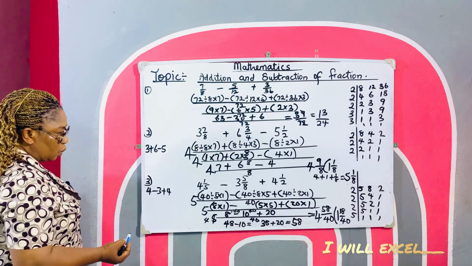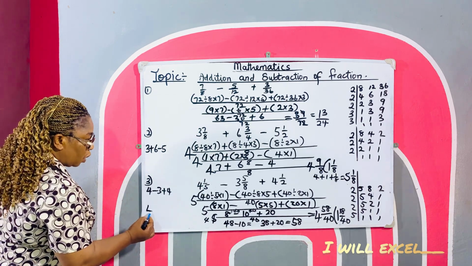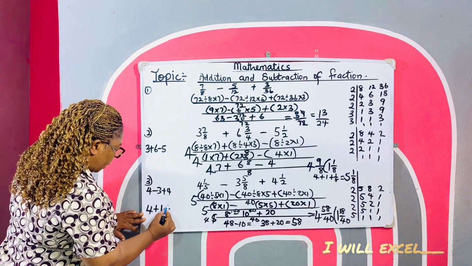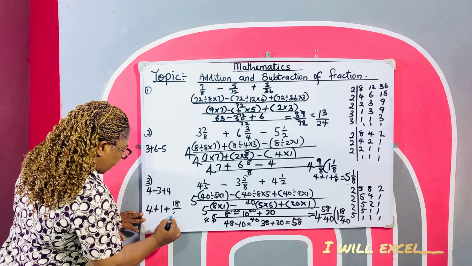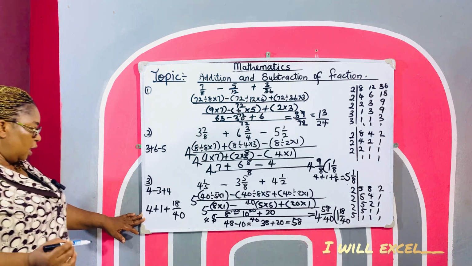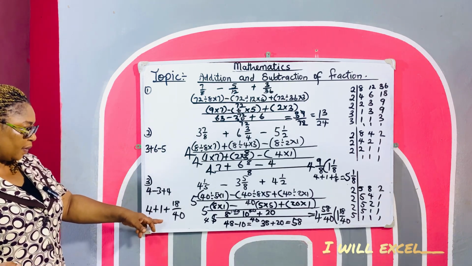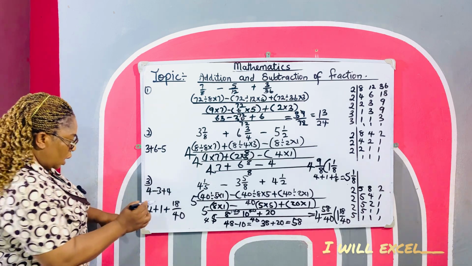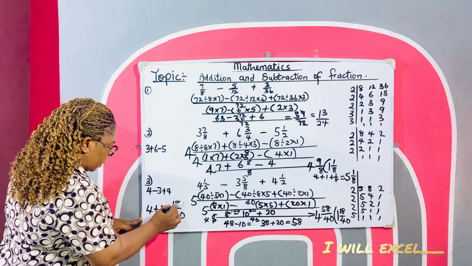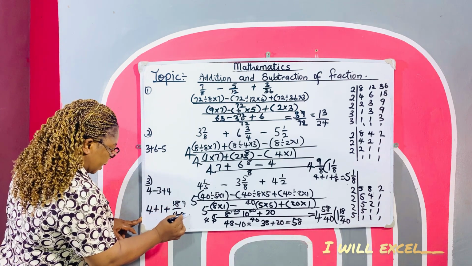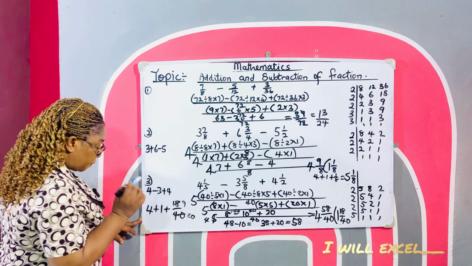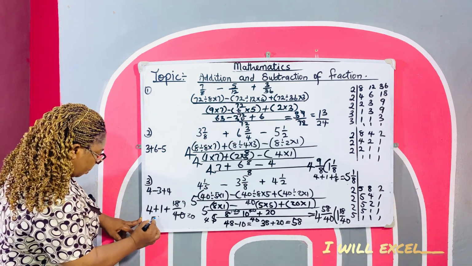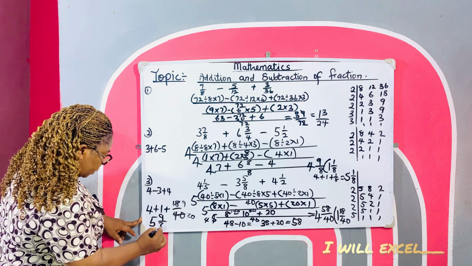So what we got was 4 plus 1 plus 18 over 40. Can you see that? Something can still divide. If you leave your answer like this, you will not see it in the option. So 2 divided here will give us 9, 2 divided here will give us 20. So the final answer here is 5 whole number 9 over 20.